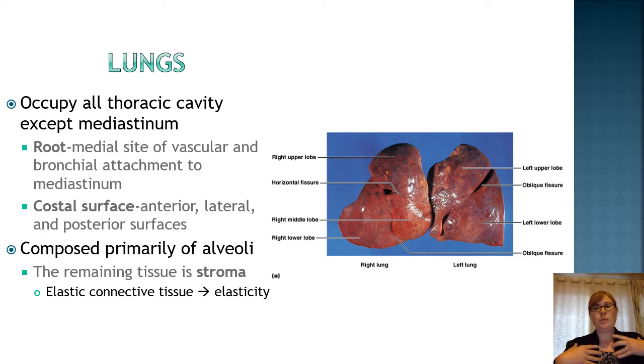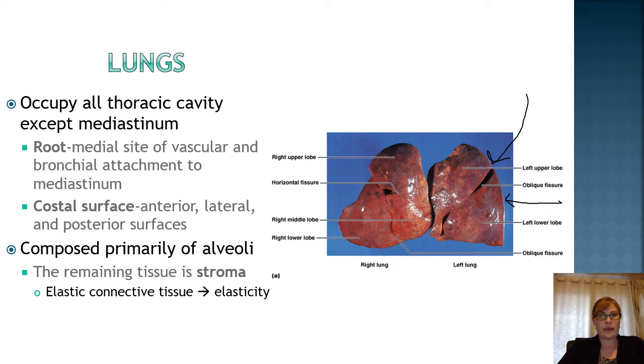So it really just means where the bronchi and major blood vessels are going to attach. And then the costal surface of the lung is the outer surfaces that are going to come in contact with the ribs, because costal meant rib.